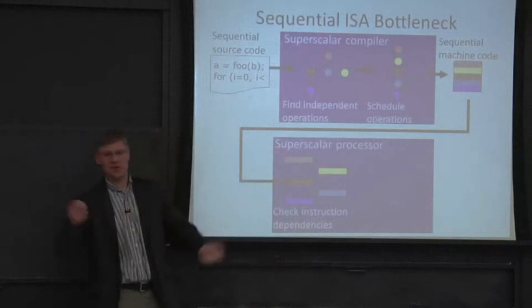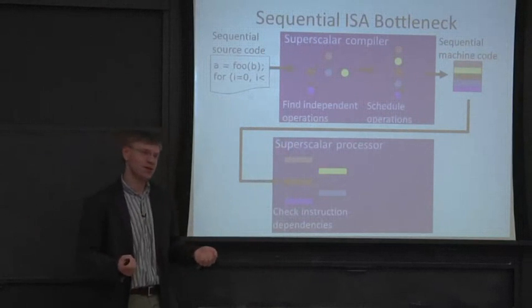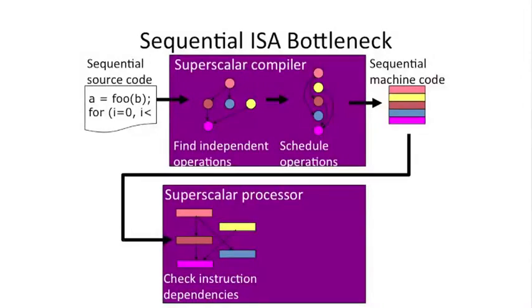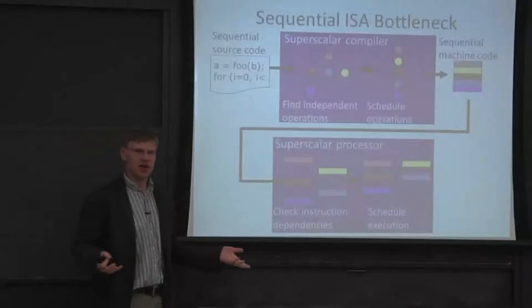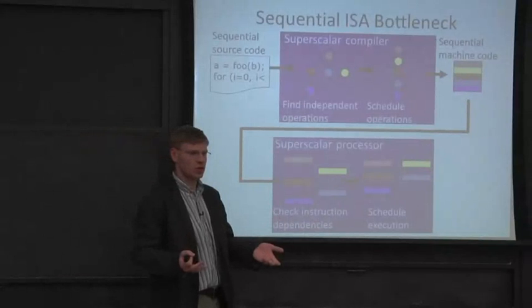The processor takes that sequential code sequence back apart and does out-of-order scheduling, like we did on the midterm exam. We build a bunch of hardware here, which has high complexity, as we were talking about, in the combinational logic checking the dependencies. Then it comes up with some schedule. This is done via our reservation stations or our instruction queues.